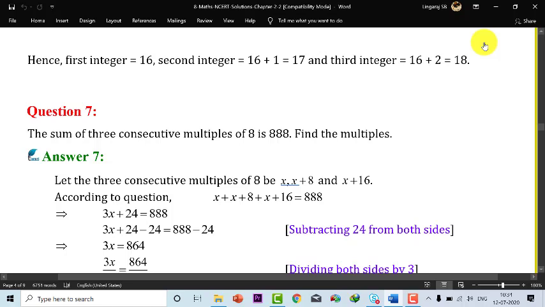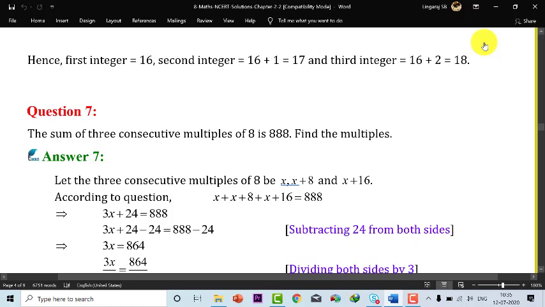So first you have to add 8, then the next consecutive multiple, 8 twos are 16, so x plus 16 should be added. According to the question, x is the first multiple, x plus 8 the second, and x plus 16 is the third. The sum is 888. So this is written according to the question.